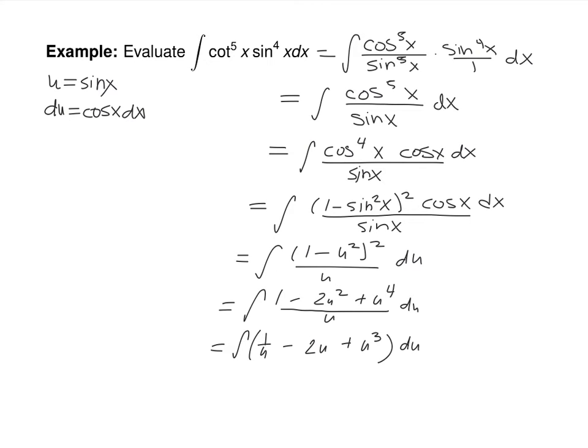Then anti-differentiate term by term. The antiderivative of 1 over u is ln absolute value u, so ln absolute value of sine. The antiderivative of 2u is u squared, so minus sine squared x. And the antiderivative of u to the 3rd is 1/4 u to the 4th, so plus 1/4 sine to the 4th x plus c.